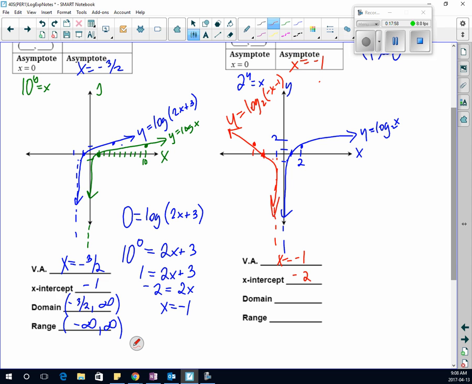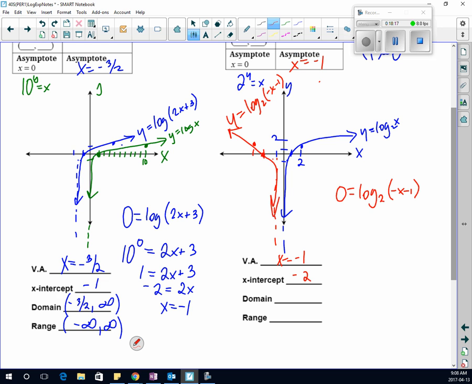At -2. And again, just for fun, let's solve it. 0 equals log of -x minus 1 base 2. So how do we solve this? Exponentialize, right?